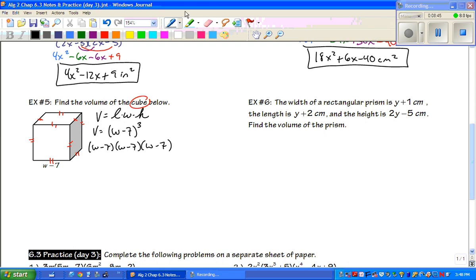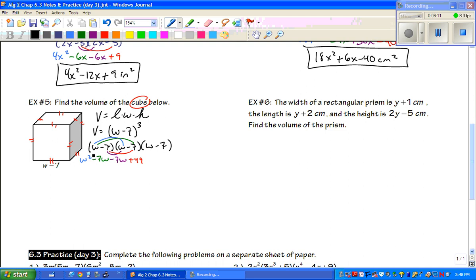Okay, now this one we'll do together. I'm going to start just by foiling those two terms, which gives us w squared minus 7w minus 7w, I'm sorry, I keep saying y, plus 49.